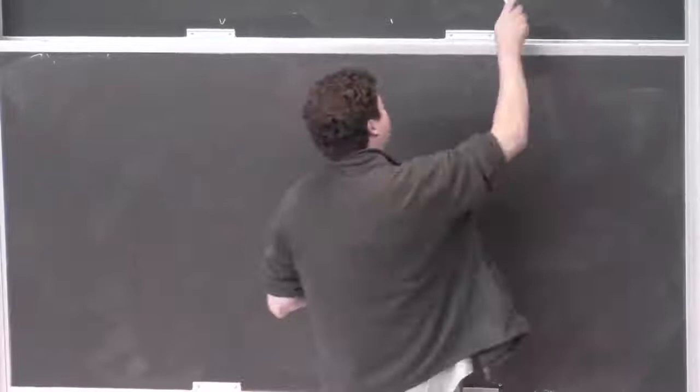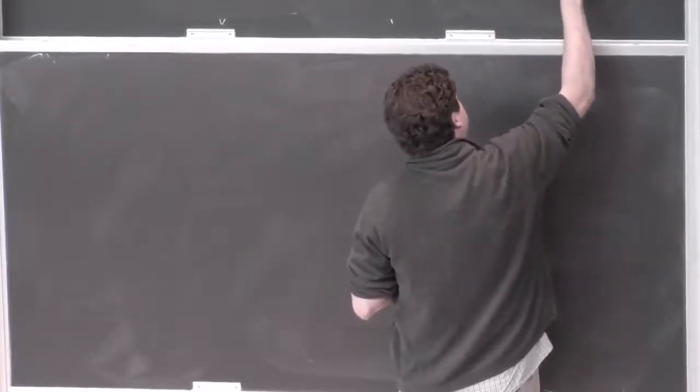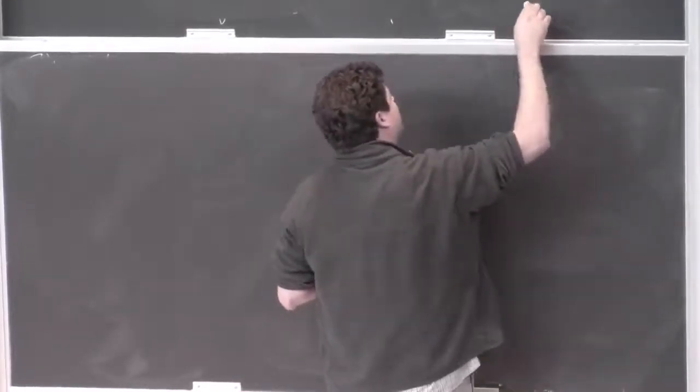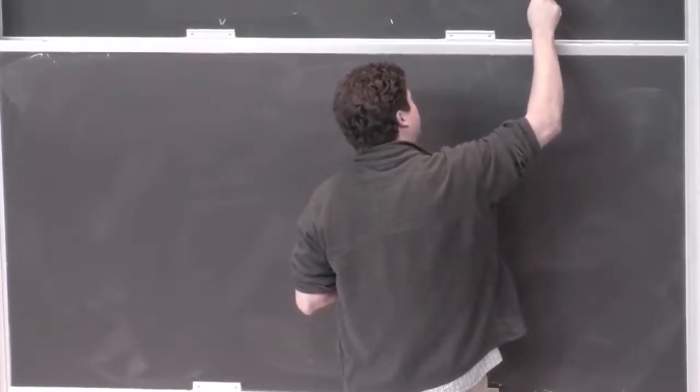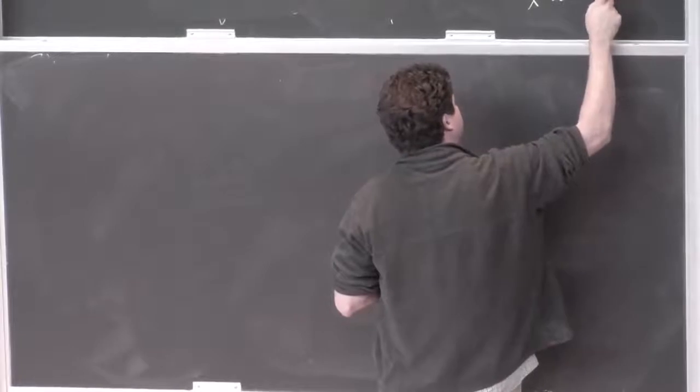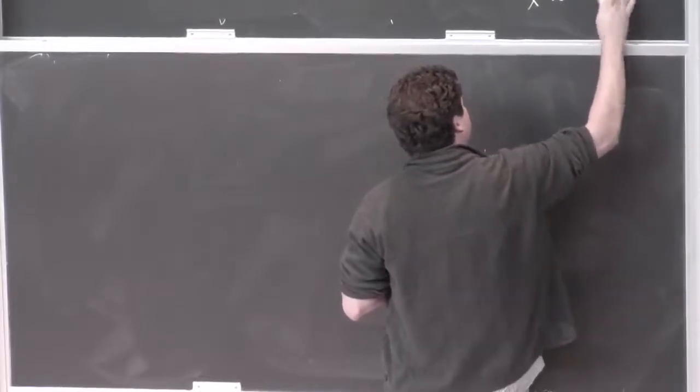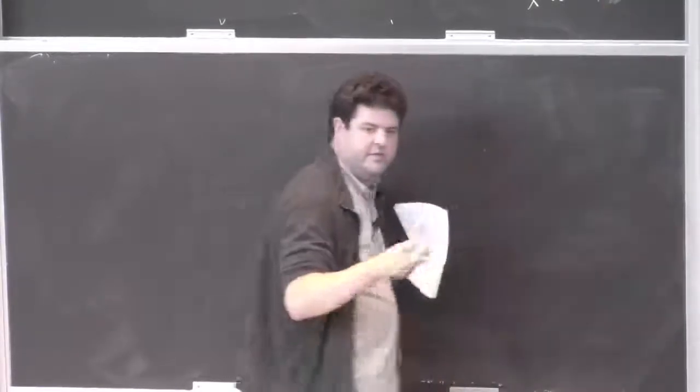Well, C star R acts, right, I'm just saying for lambda in C star R, that lambda acting on W is lambda squared W. You'll see an example in just a second.